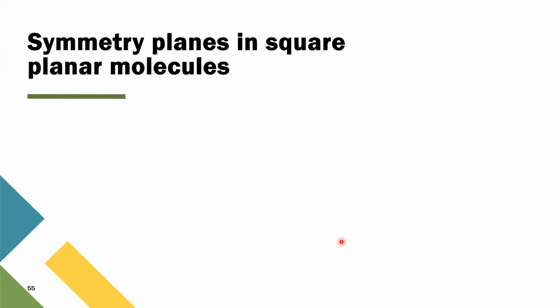We'll take the square planar molecules. Right? So in XeF4, where do you get the mirrors? Sorry, the planes, symmetry planes. Just tell me one plane. Along the XeF bond.